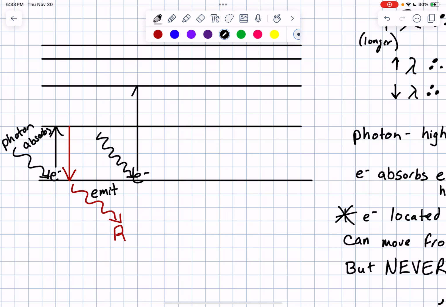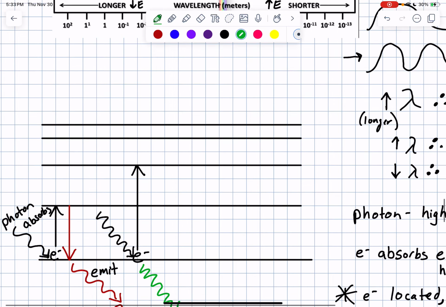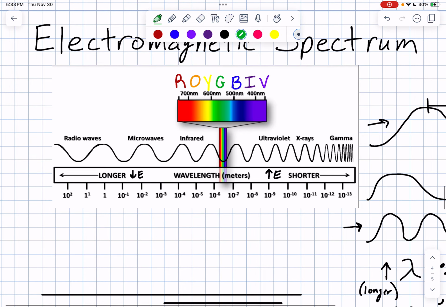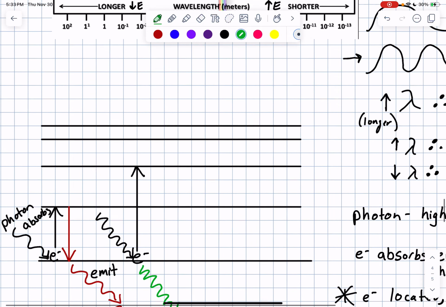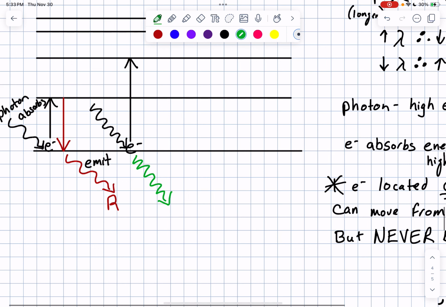And how do we know it absorbed a higher energy photon? Simple. Because the light that was emitted when we saw the light was green. And as we said up above, green has more energy than our red. So it emitted green visible light.